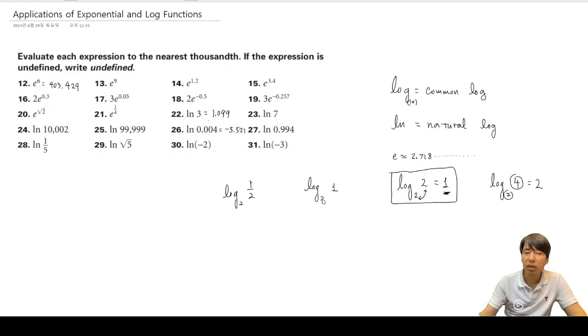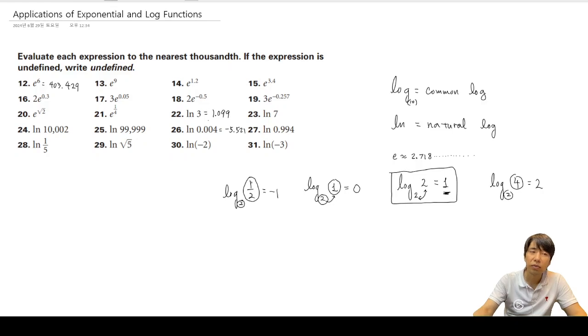Now for this one, the base is 2, but the number inside the log is 1, which is smaller than the base, so the answer is 0, since 2 to the power of 0 is 1. Again, for 1/2, the number is less than the base, and in this case you get a negative number, negative 1.